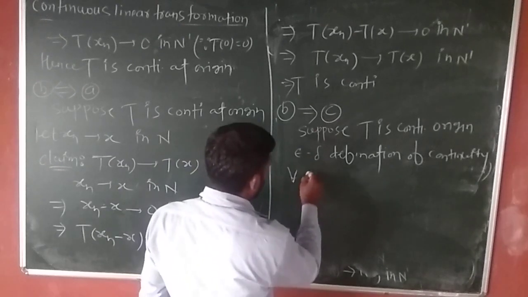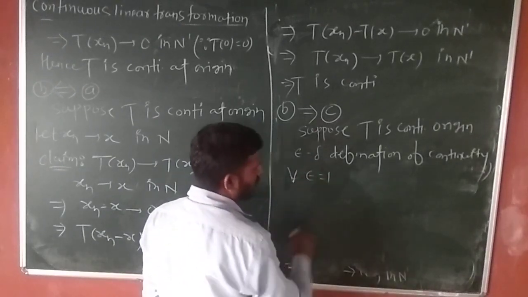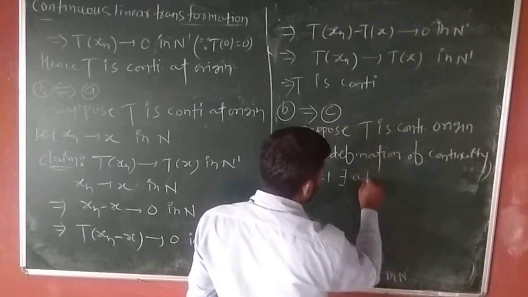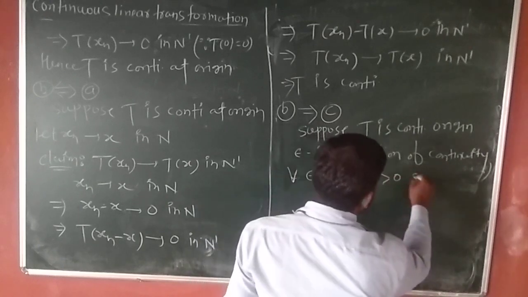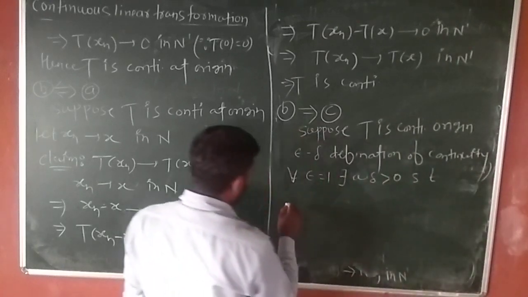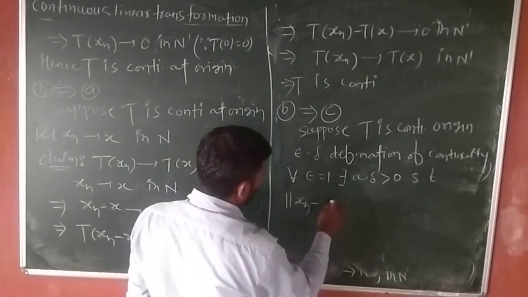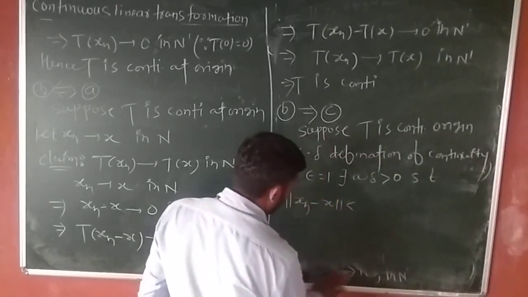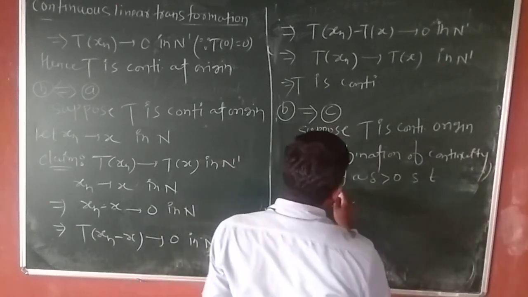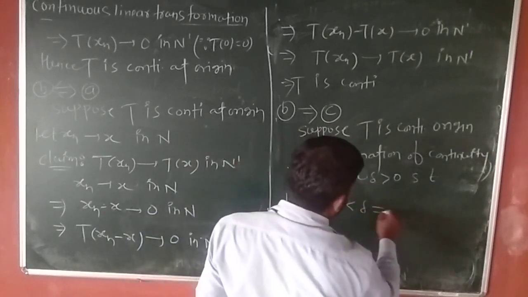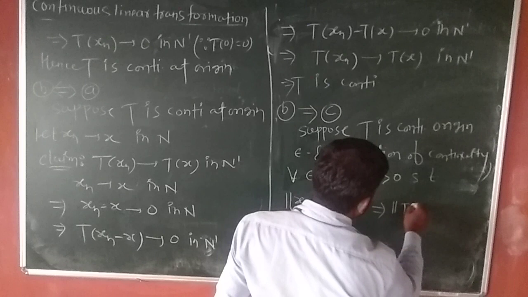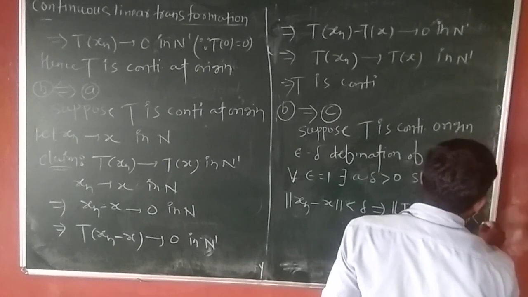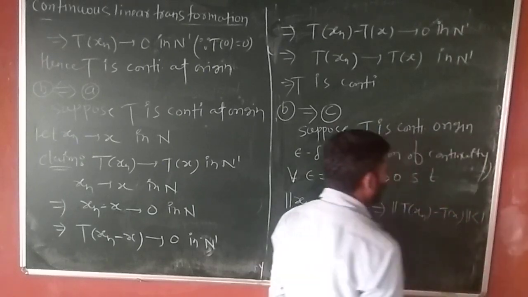Here we take epsilon equal to 1, which is also greater than 0. There exists delta greater than 0 such that norm of xn minus x less than delta implies that norm of T of xn minus T of x less than epsilon, but here epsilon equals 1.